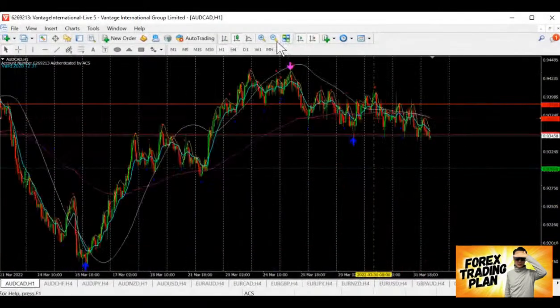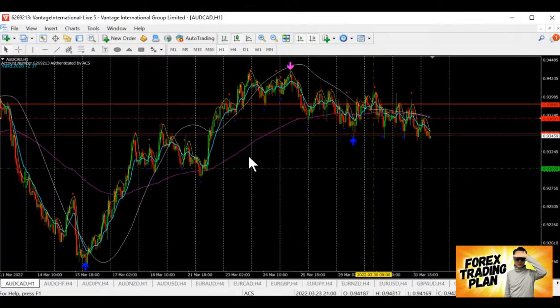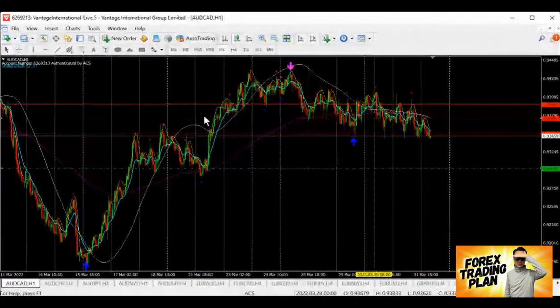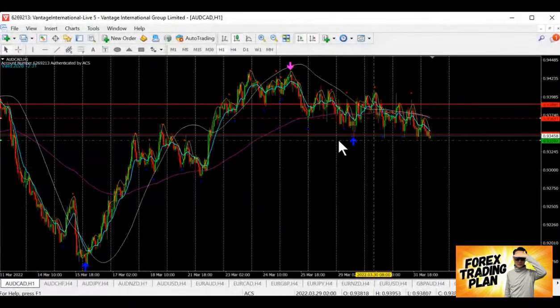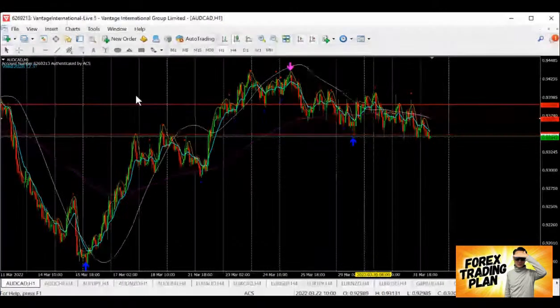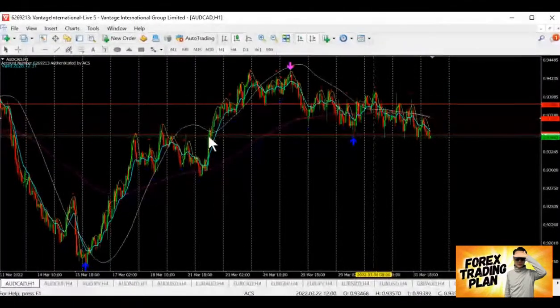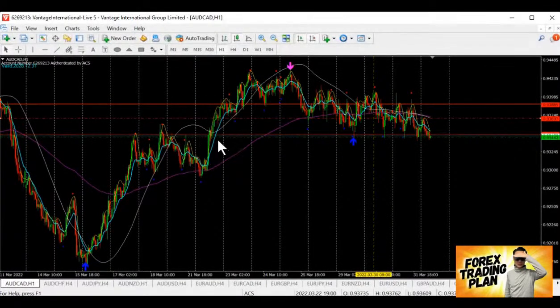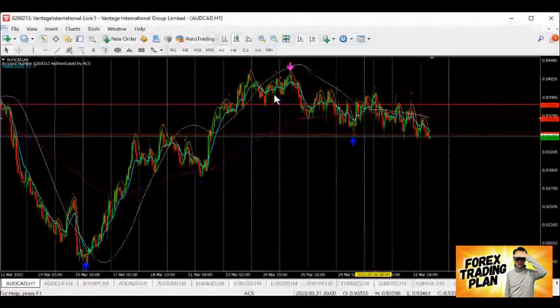So let's see what we have. Next, over here in this H1, as we can see, there's a lot of support with the most touches. From this area of support, all the way until here has been testing.